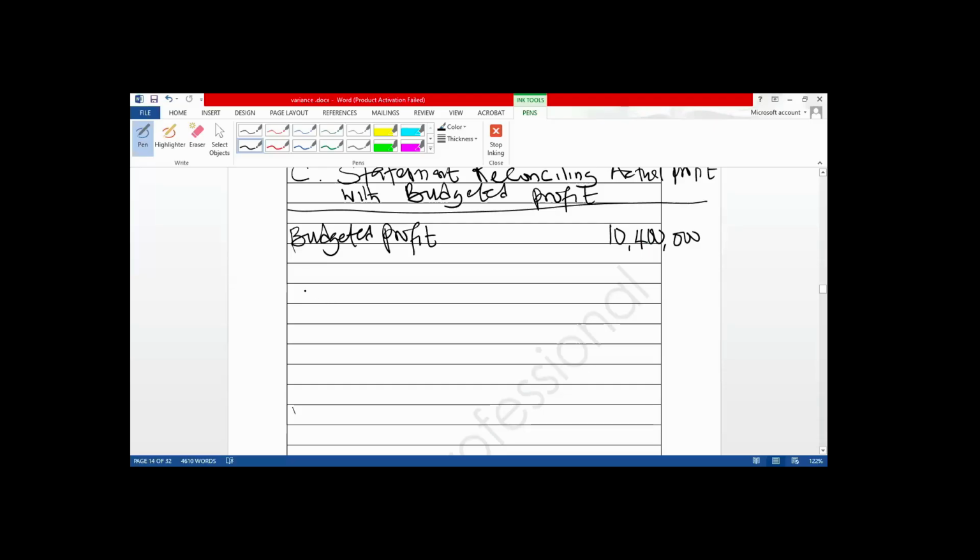Now pick your sales variance. Sales price variance. The figure here is 1,170,000 favorable. Pick your sales volume variance. The figure here is 260,000 adverse.